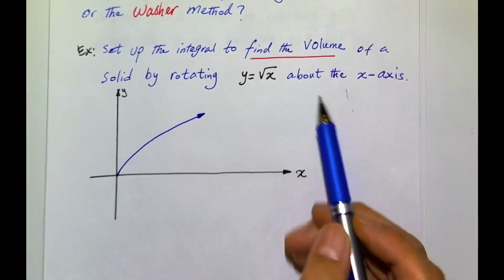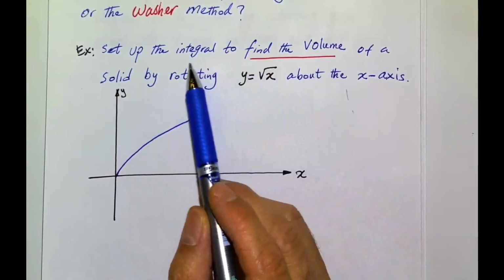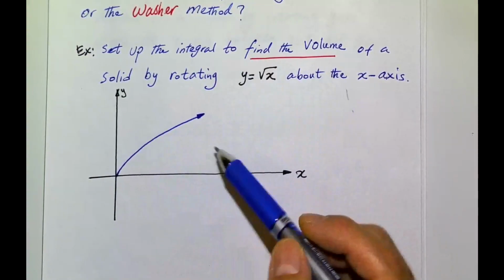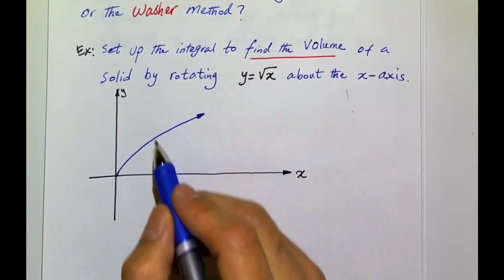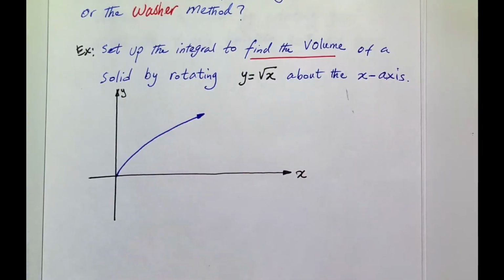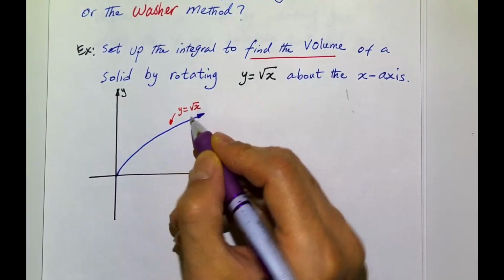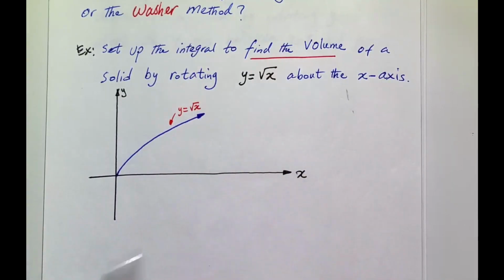Okay, so we want to set up the integral to find the volume that results from rotating this function, and let me label it, y equals square root of x, about the x-axis.